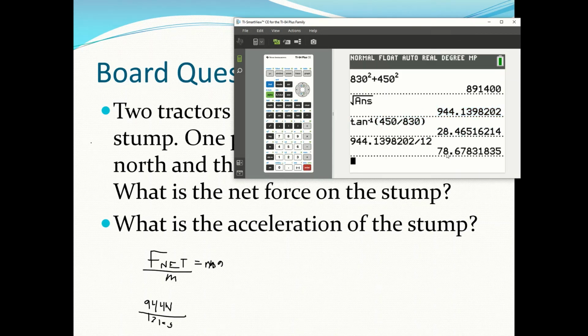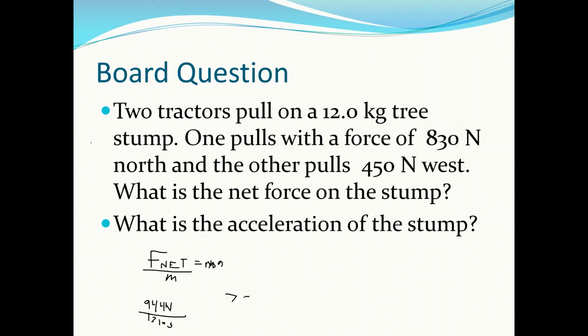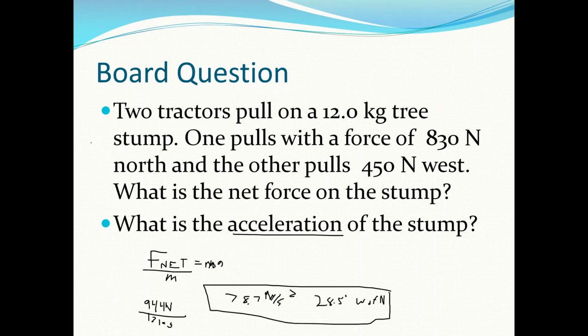And we end up getting 78.7 meters per second squared as our acceleration. And acceleration is a vector, so we need to include that 28.5 degrees west of north. So that would be our answer for our acceleration.